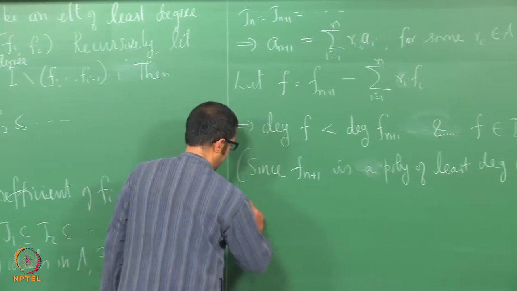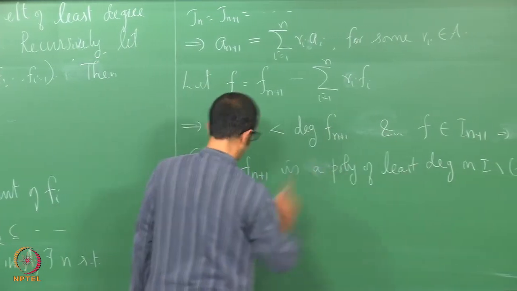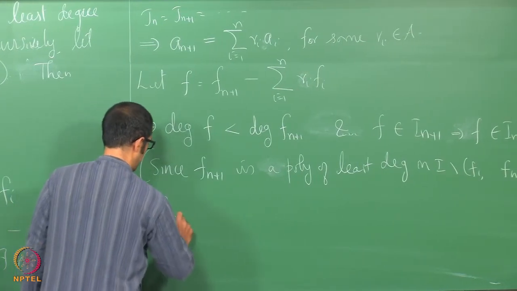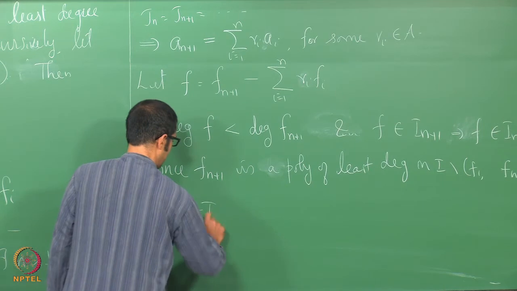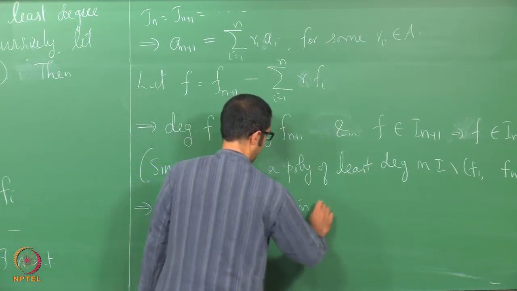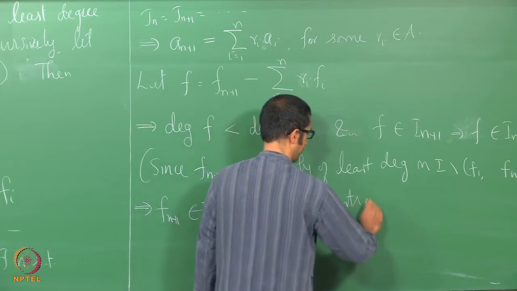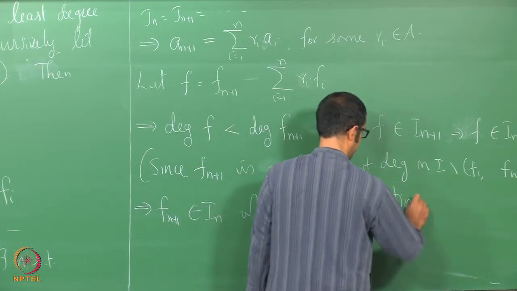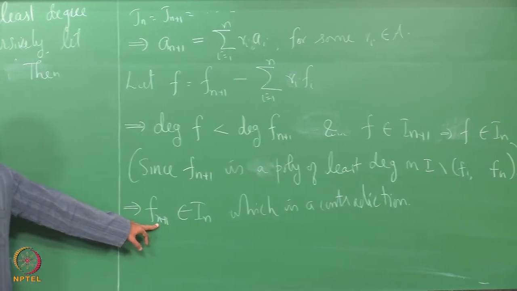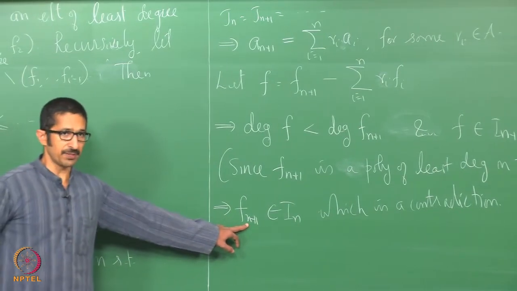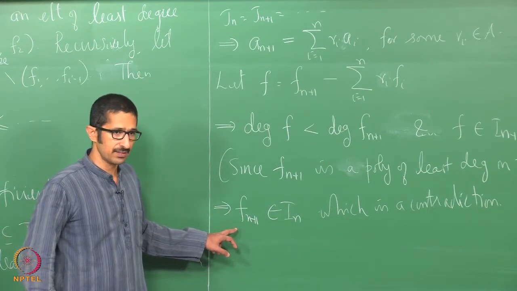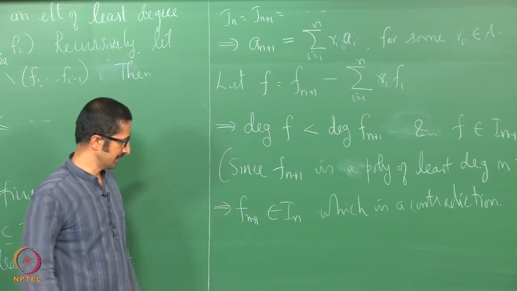So therefore f in I_n implies f_{n+1} is in I_n, and that is a contradiction. Because f_{n+1} is chosen to be in I, the complement of I_n in I. So that is a contradiction.